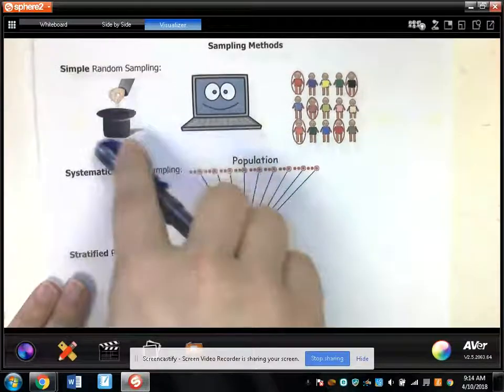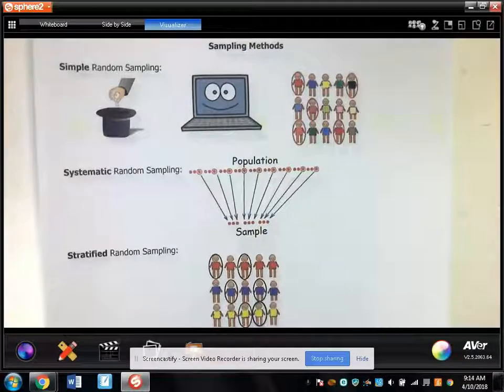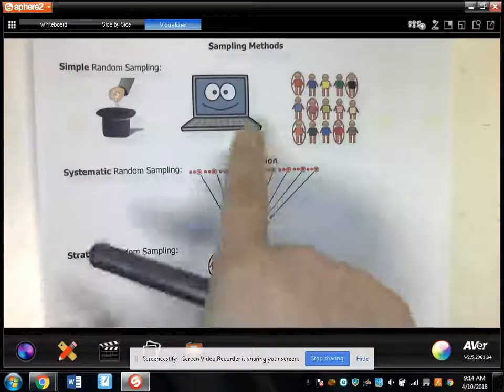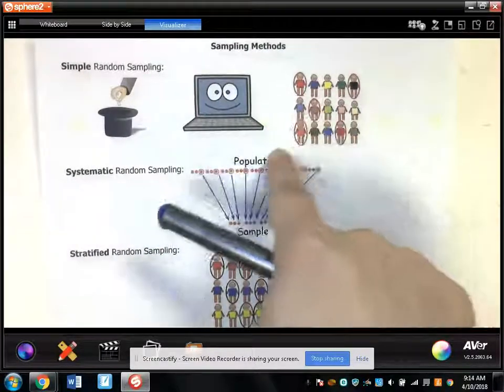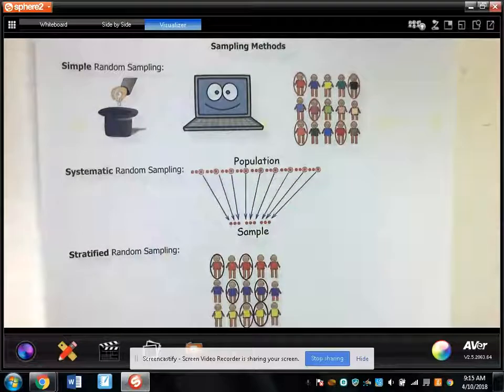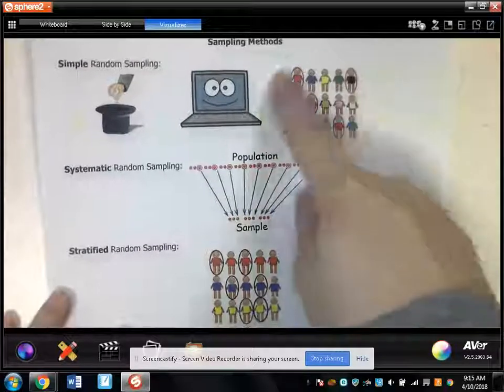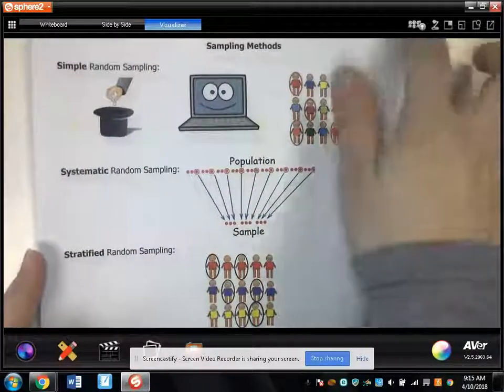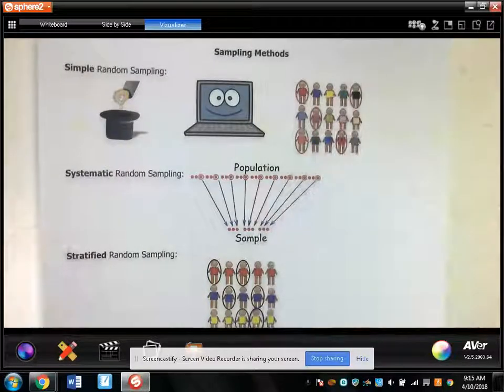Everyone has an opportunity to get picked, but I'm only going to pick a small sample. I could also assign everyone a number and use a random number generator on the computer to just choose a couple numbers or choose a couple names, and that could also generate a sample for me. Everyone has an opportunity of being selected, but only a few would be selected for my survey.